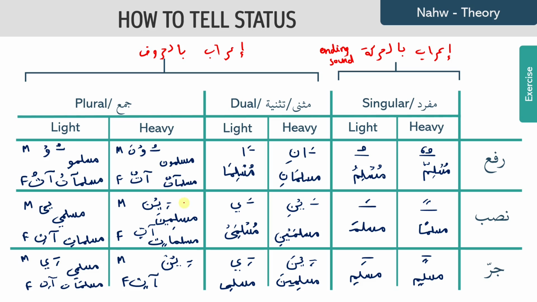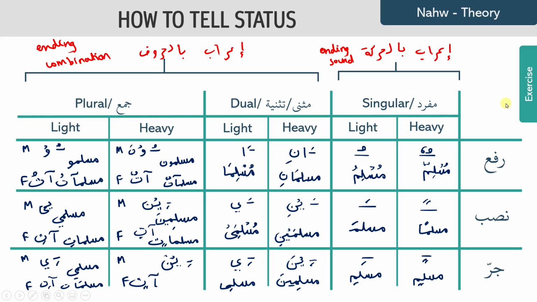So una, atul, ani, these are all letters, and these are your ending combinations. Depending on what combination you have, you can tell what status that is. So if you have ani at the end, that's rafa for dual and it's obviously heavy. Or if you have ina, it could be nasab and jar and it's masculine, heavy, and plural as well.